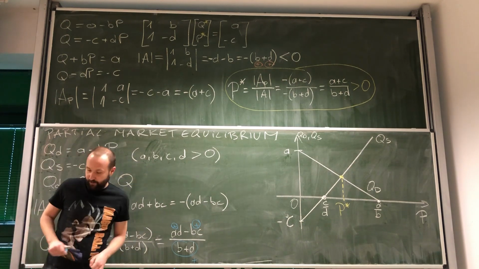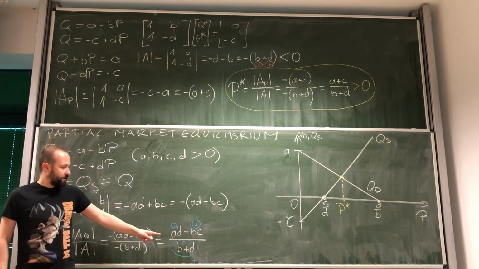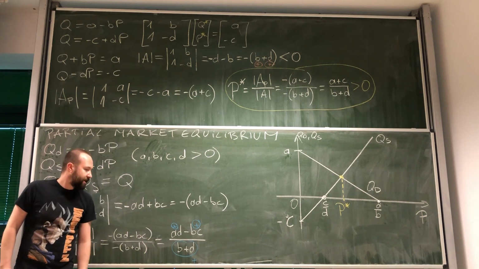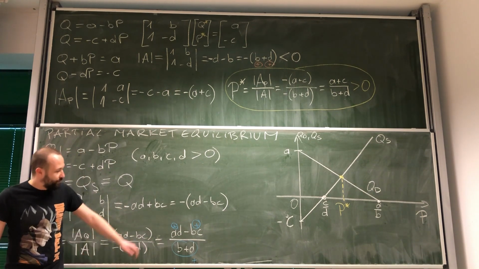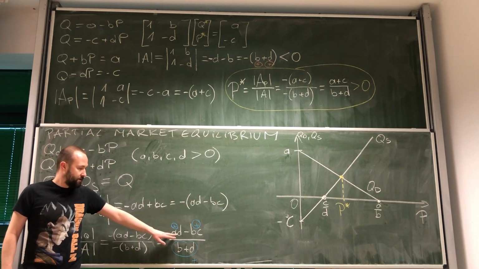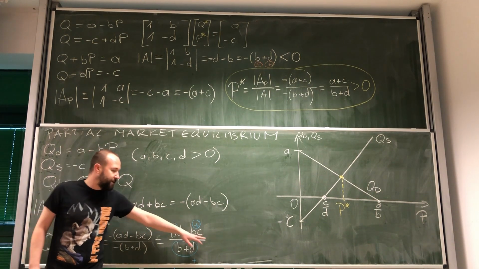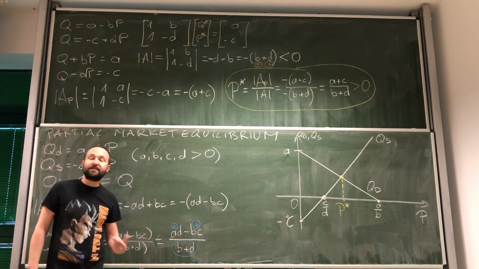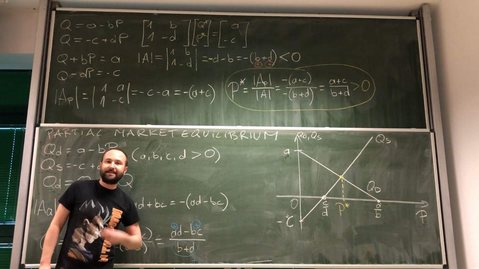A, B, C, and D are positive. So look, here, we do not have the guarantee that this expression is going to be positive. We see that A times D can be smaller than B times C, and in this case, this could mean that our quantity is negative.